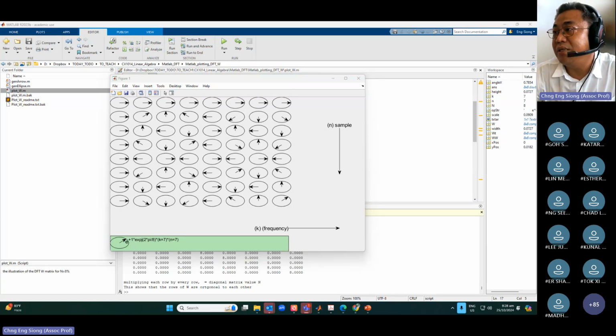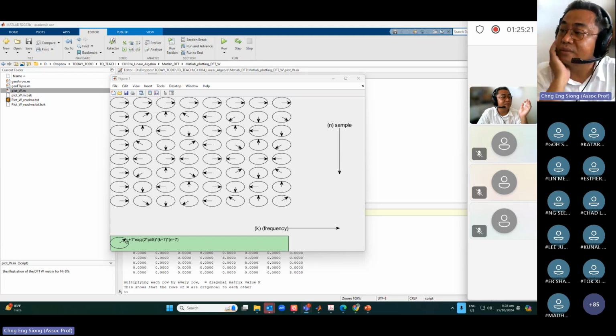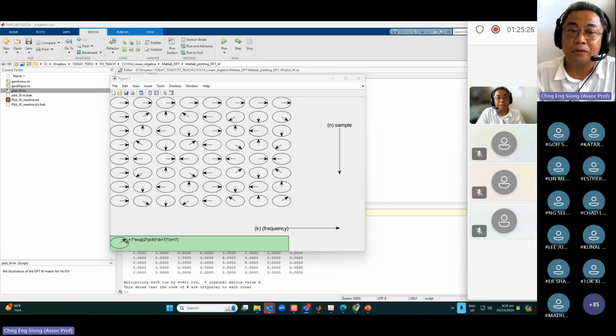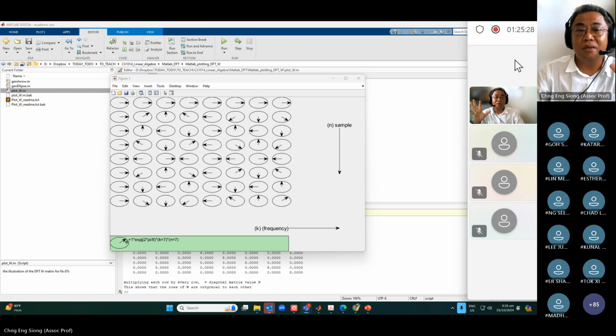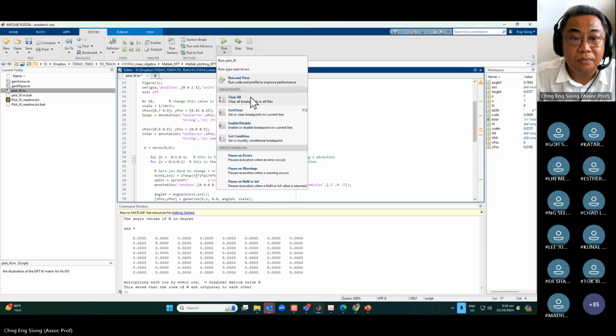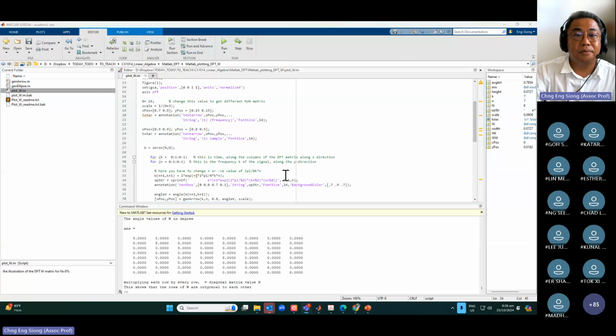Once you understand this, you understand how to derive W all over again, right? So I'm now going to show you K equals to 16. Okay, go.